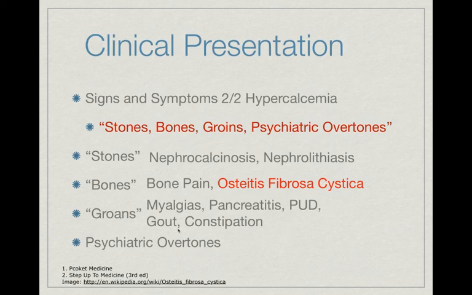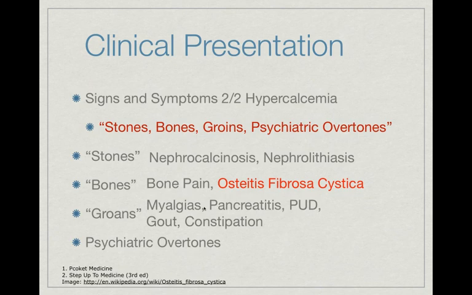Gout, because it can stimulate the deposition of uric acid. Constipation, because calcium is involved in the contraction of smooth muscle, so you get a higher smooth muscle tone, which can block the flow of fecal matter. And myalgias, because remember, calcium also causes skeletal muscle contraction, and so higher levels of calcium will stimulate that.